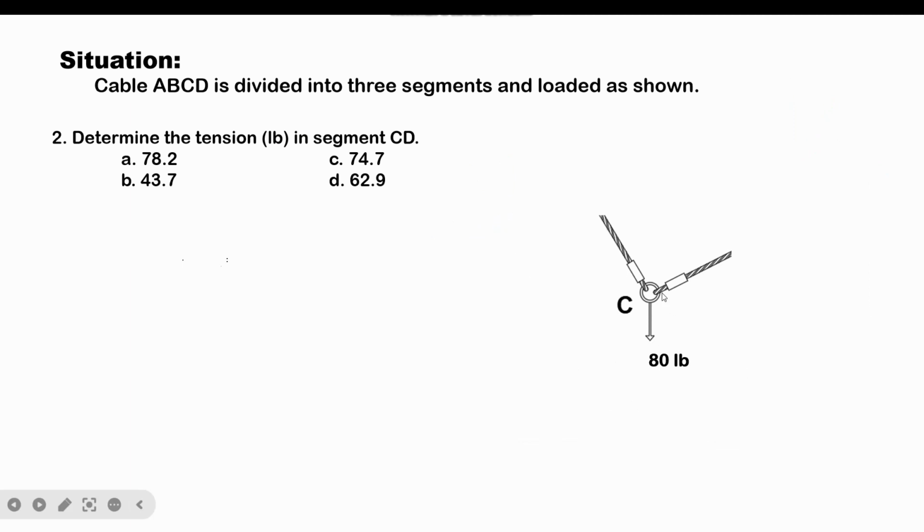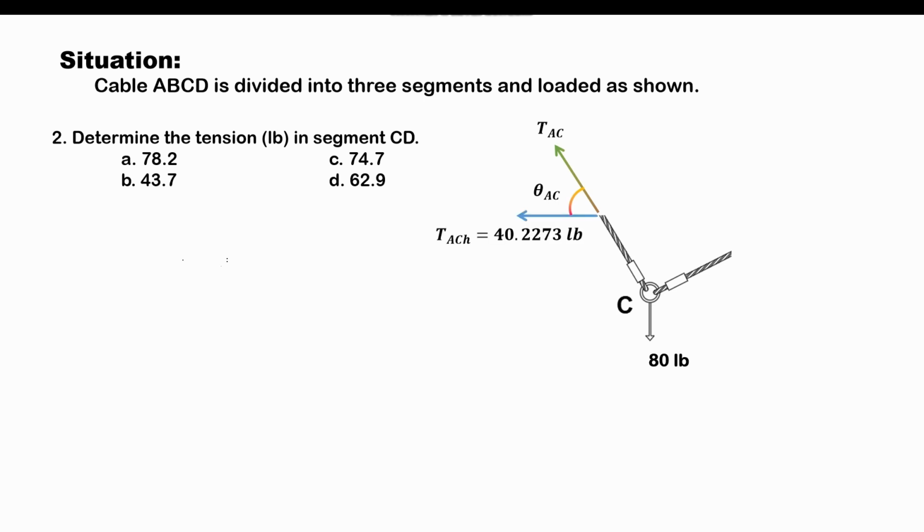This cut section here is segment AC, and let's say that this is theta AC, which is the angle that TAC makes with the horizontal. So for ease in computation, those forces that are acting on the joint being considered that are not horizontal and vertical shall be converted into their components.